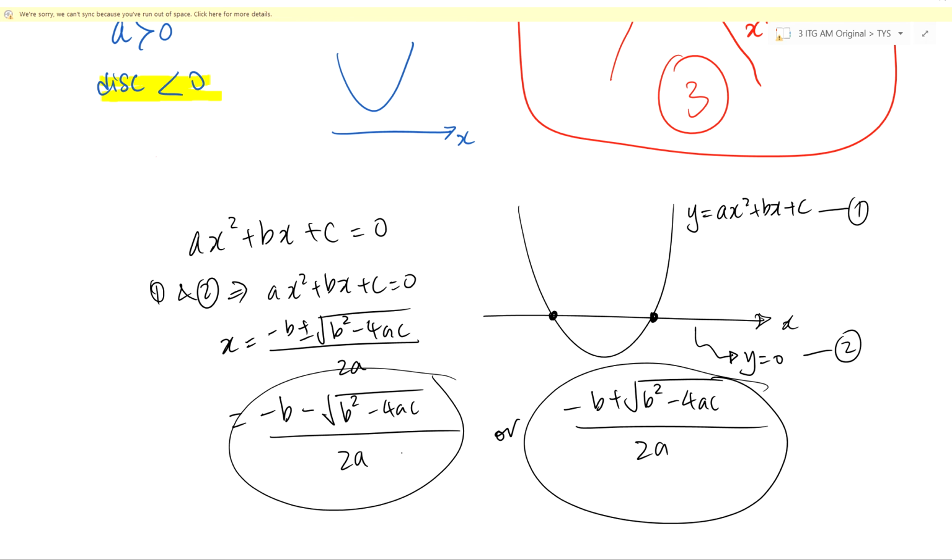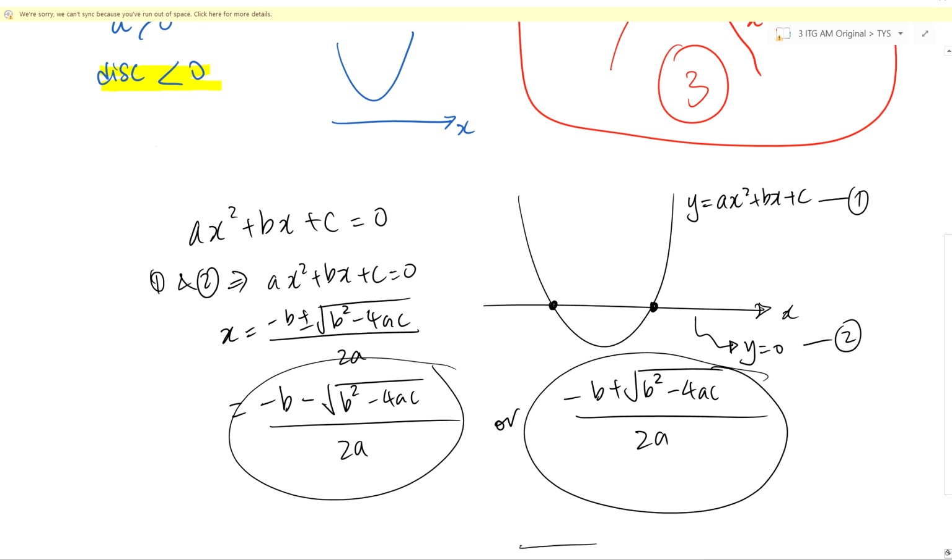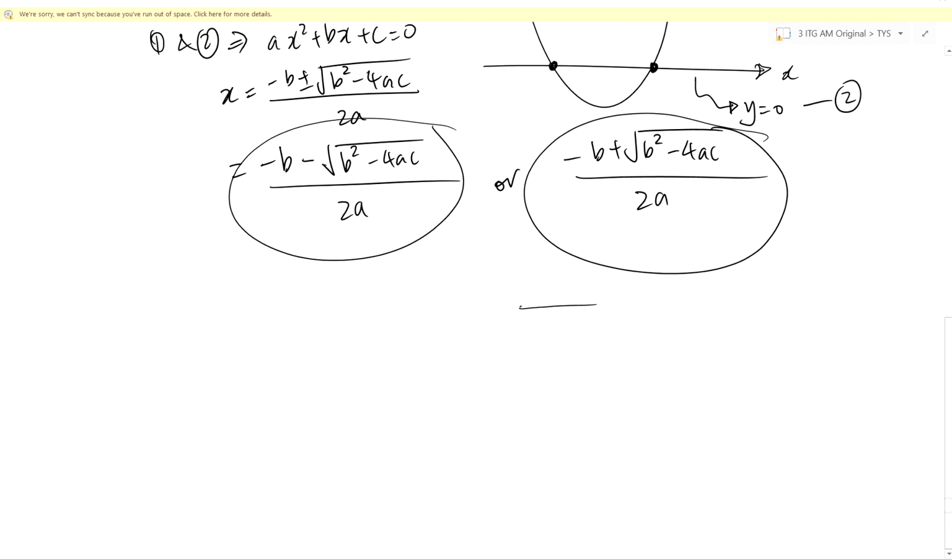When there is no solution, graphically, it means there are no intersection points. If there are no intersection points, then our graph looks like this. No intersection points. So over here, our quadratic formula will return us an error if b squared minus 4ac is less than 0.